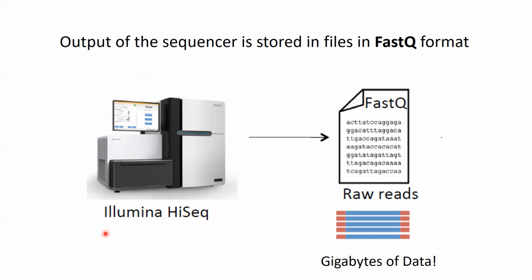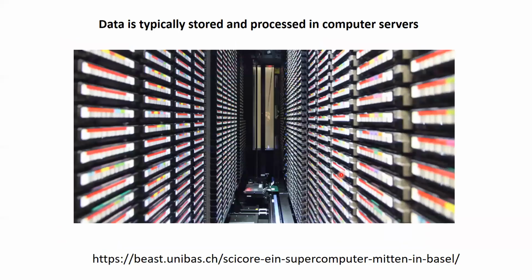I'm showing here the example of the Illumina HiSeq sequencer. Each of these files can contain millions of reads, and typically, if we have several genomes, we generate gigabytes of data. For that reason, data is typically stored and processed in computer servers. And here I'm just showing the image of one.